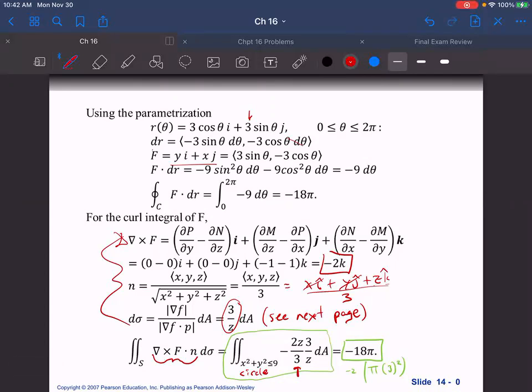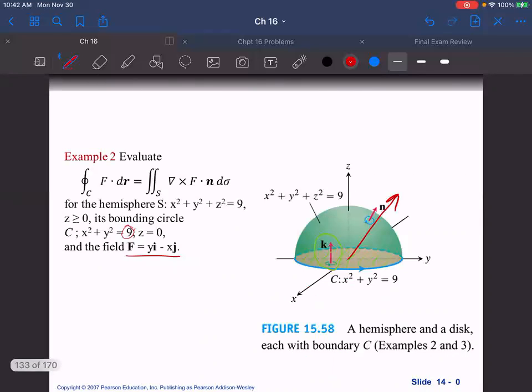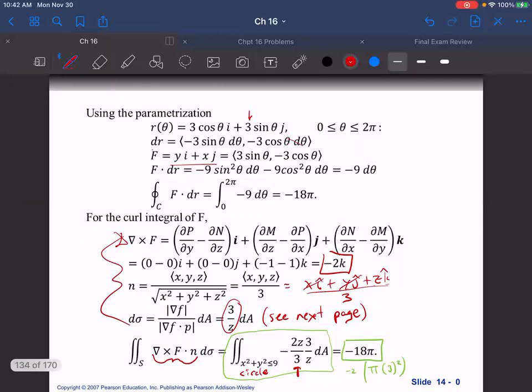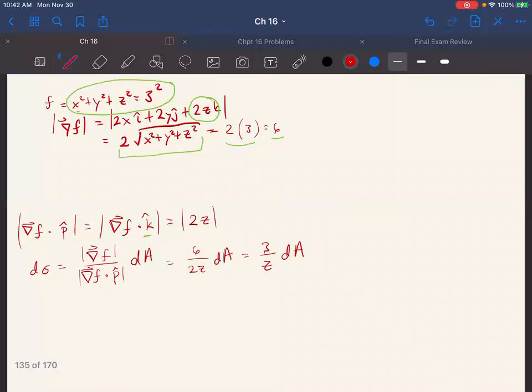d sigma is then the magnitude of the gradient of our surface divided by the magnitude of the gradient of our surface dotted with that p vector, which in this case is just k right there. You can see it is this k vector right there. And we can see on the next page I went through and actually did it. Here's the gradient I did up here. That's f, and then I took the gradient.